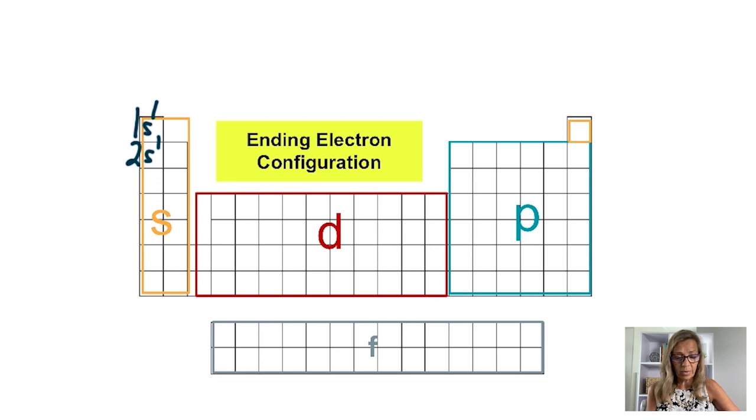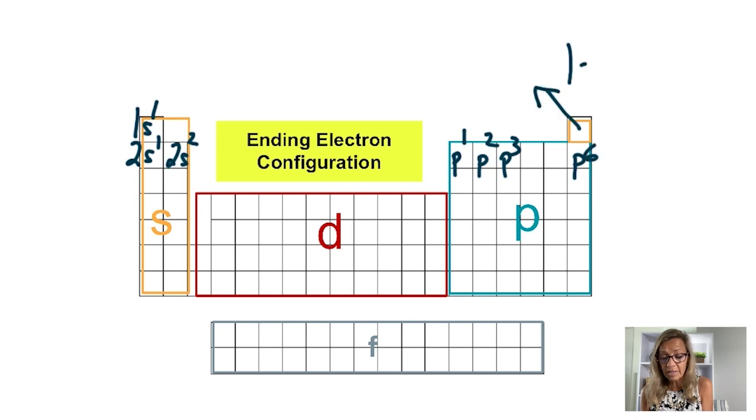This one is 1S1. Right next door, that guy ends with 2S2. And then we jump over, and then the P's, we've got P1, P2, P3, all the way to P6. Now this is hydrogen, and he's just 1S2. I'm sorry, helium. So hydrogen, helium, give them a little grace here.